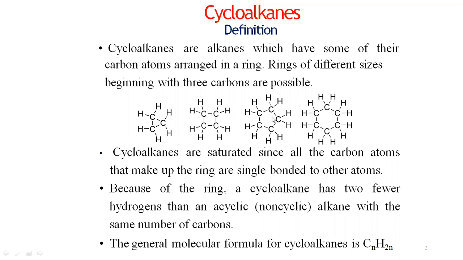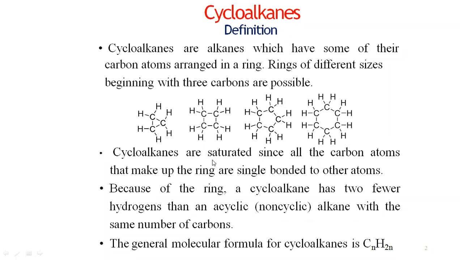The 5 carbon atom alkane molecule arranged in cyclic format is known as cyclopentane, and the last, which possesses 6 carbon atoms in a ring, is known as cyclohexane. So those are all the examples of cycloalkanes. As alkane molecules are arranged in a cyclic manner, they are known as cycloalkanes.